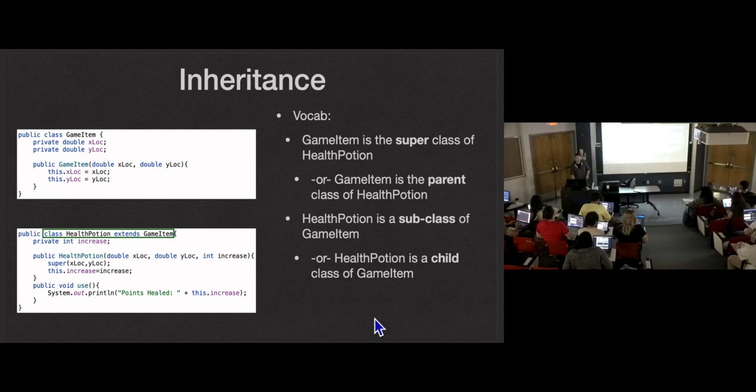I'll use superclass and child class as my vocab terms when I'm talking about inheritance. Sometimes I'll say subclass and parent, but superclass and child class are the ones that stuck with me. But if anyone says superclass or parent class, those can be used interchangeably. And subclass and child class, those can be used interchangeably.